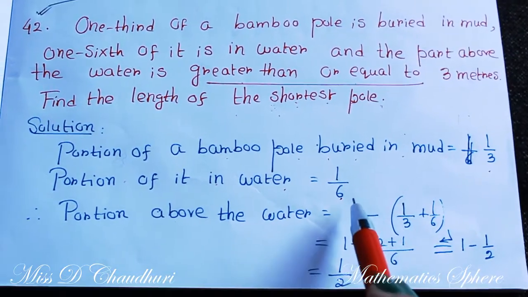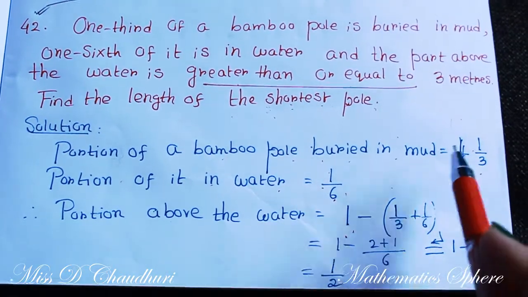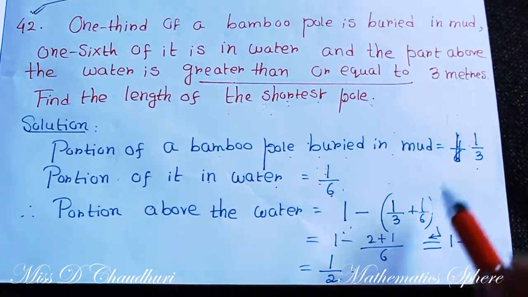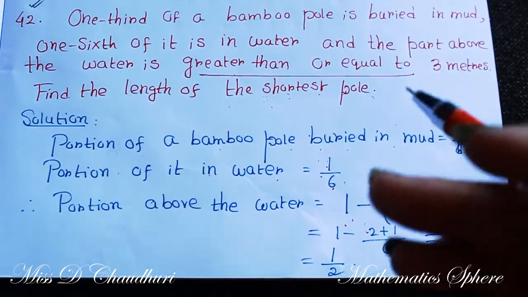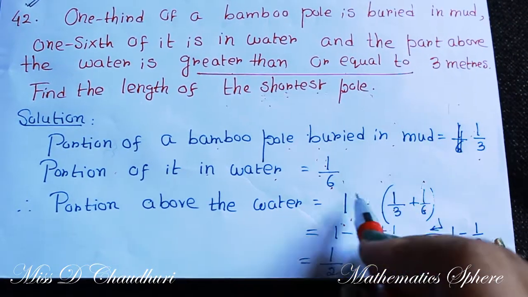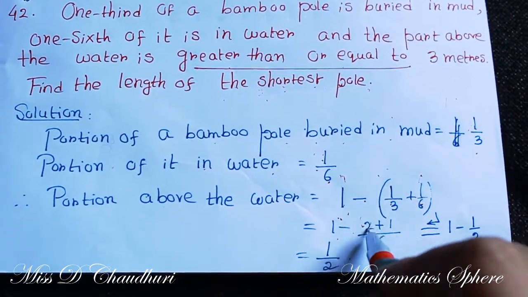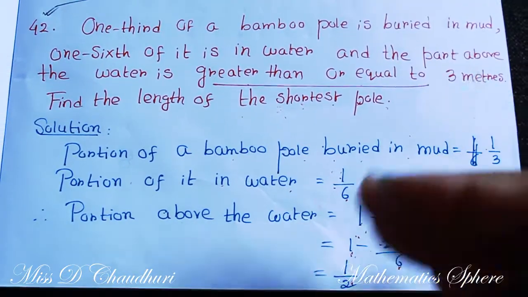If we consider the whole pole as 1, we add these 2 portions and subtract from 1, like we used to do in smaller classes. So 1 minus 1/3 minus 1/6, we are going to get half. Means half of the pole is above water.